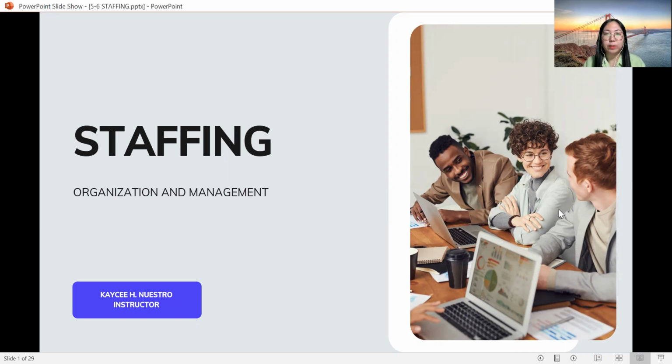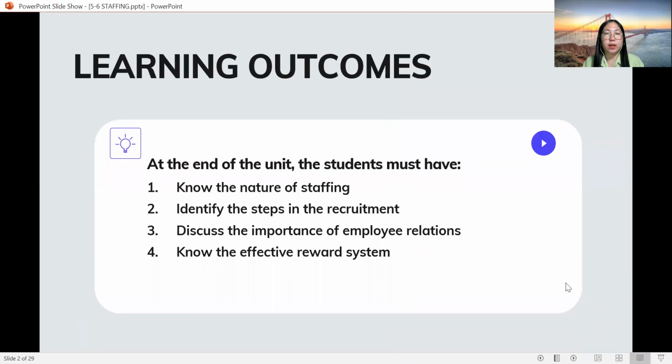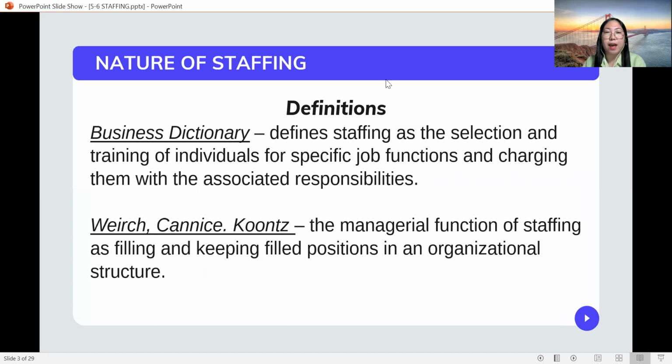In this chapter, the student learning outcomes are that all of you should know the nature of staffing, identify the steps in recruitment, discuss the importance of employer relations, and the last one is you must be able to know the effective reward systems. So first, we have here the definitions of the nature of staffing, or staffing itself.